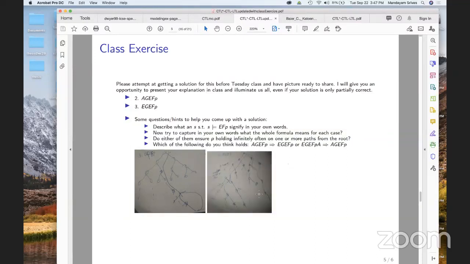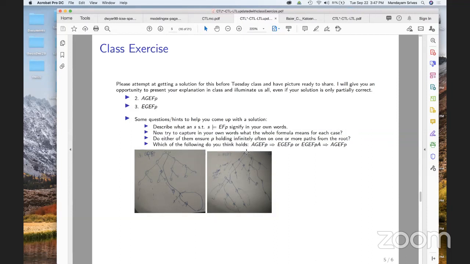So here is a pictorial view of what AG of EF of P is. Just like I've shown here, on one path the states have to be such that on each of them P has to eventually hold good. Here, it requires that it be true on every path.